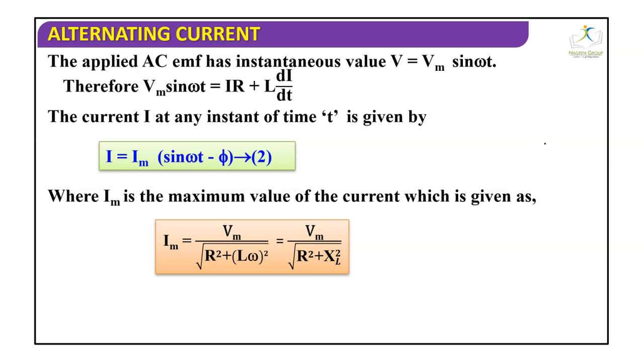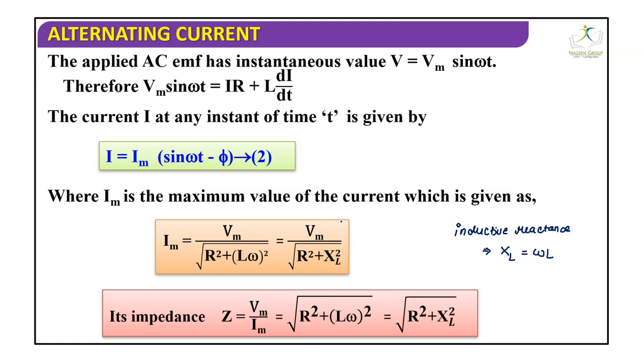So we know that XL is the inductive reactance. As in the previous class we have studied, XL is equal to omega L. So instead of L omega or omega L, we can put the value of XL.